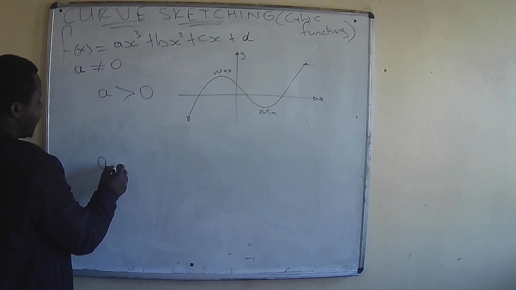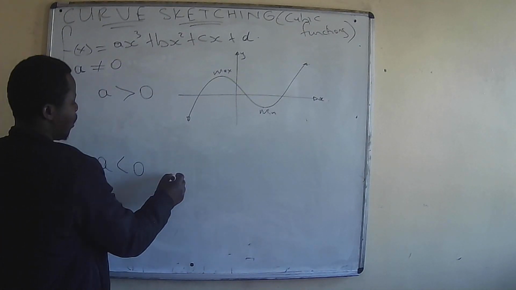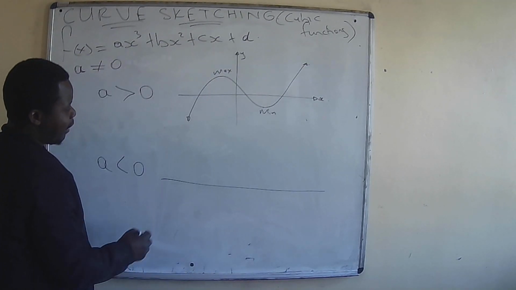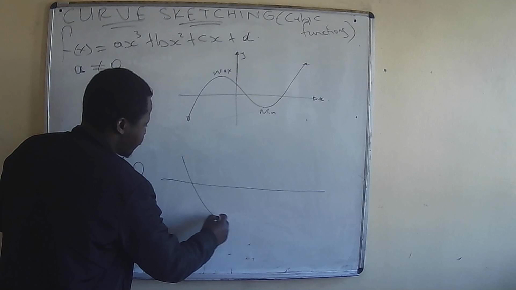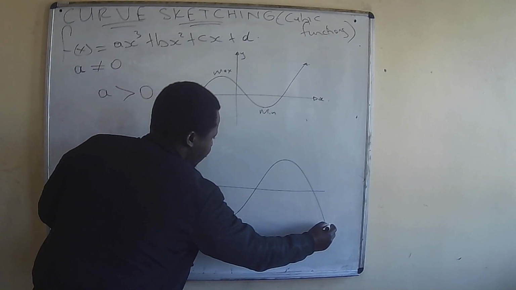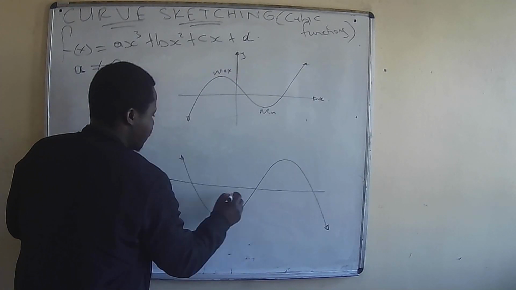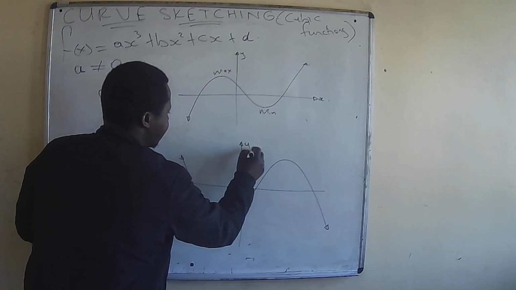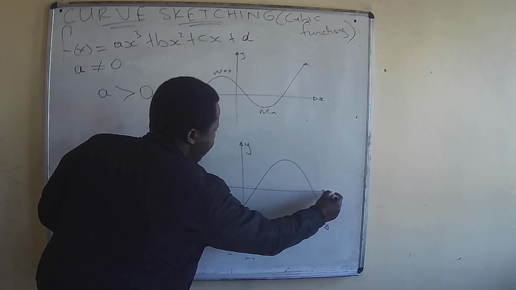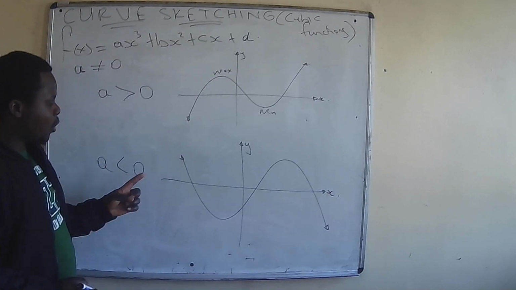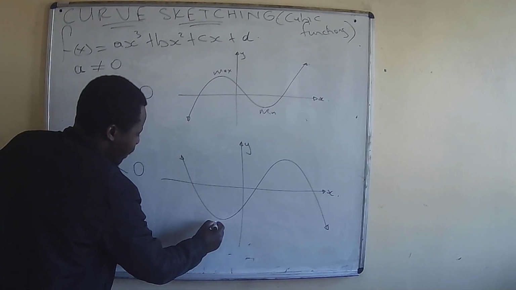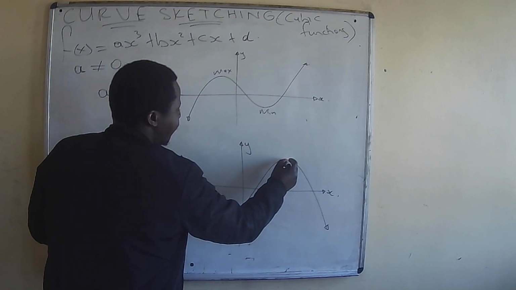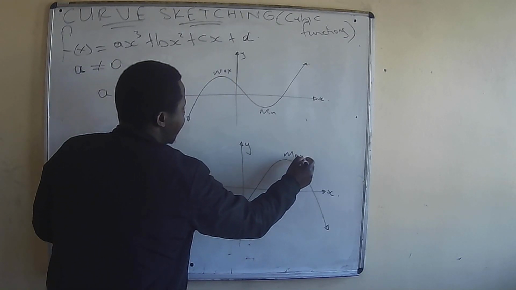Having a less than 0, our graph is going to take this format here, and we also need to understand our x-axis. We have our local minimum on this side, and we have our local maximum on this side.